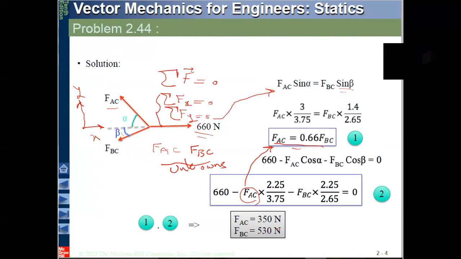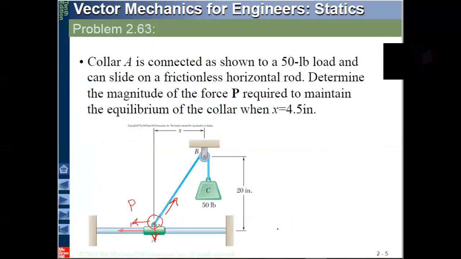Okay, I think there's no other point here. All right. Well, this is a very nice problem. We have a collar A that is moving along this horizontal rod, and we have a cable that is connected to it, and on the other side connected to a weight of 50 pounds.